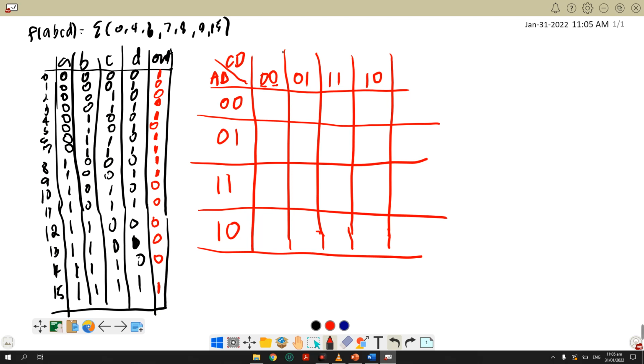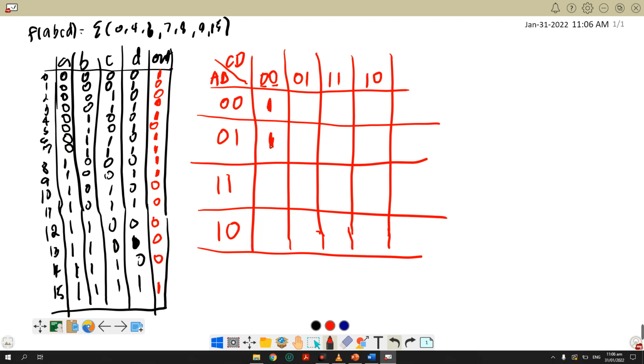So where shall we place our ones? At 0, at 4. So what is 4? 4 is 0, 1, 0, 0.